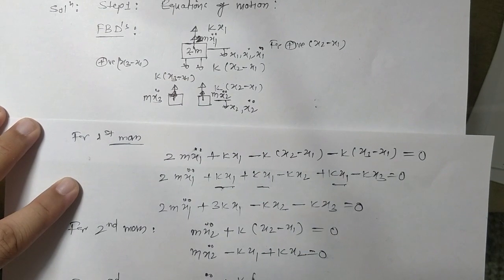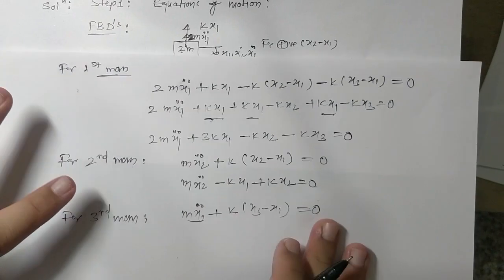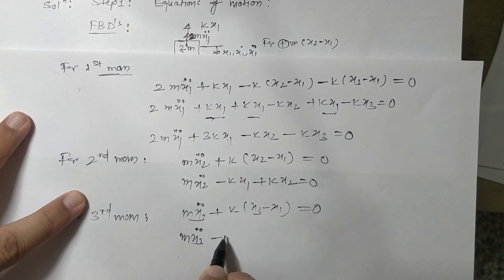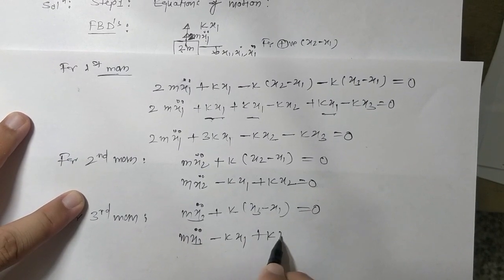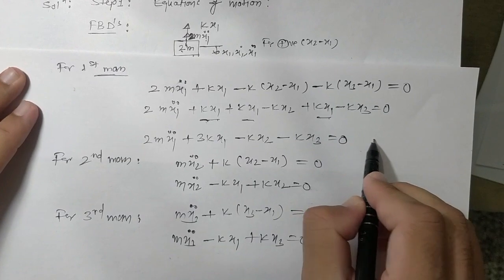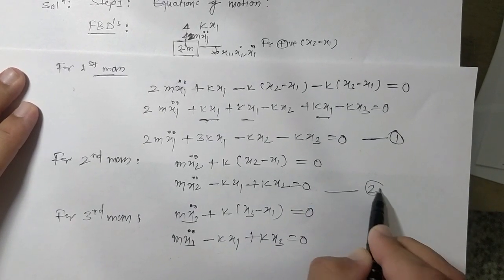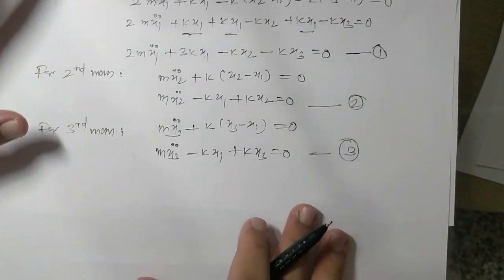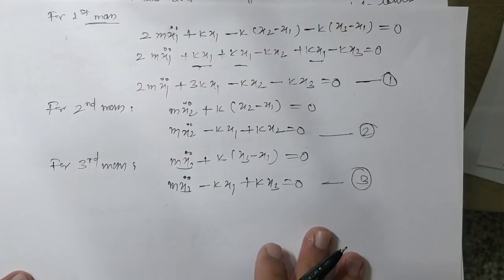So plus k times (x3 minus x1) is equal to 0. We can rewrite this as m x3 double dot minus k x1 plus k x3 is equal to 0. Now we have three equations, 1, 2, and 3, and these three equations can be written in the form of a matrix.